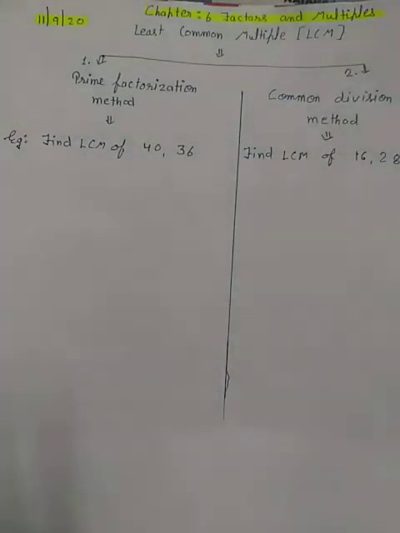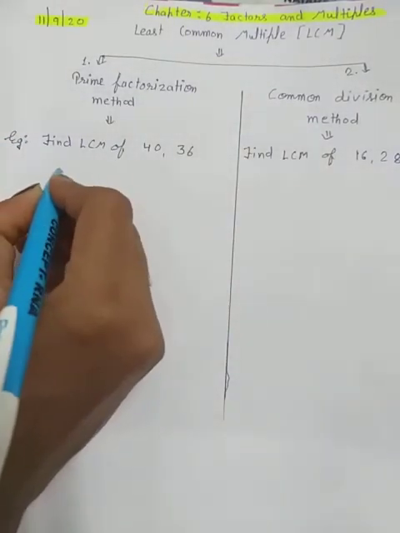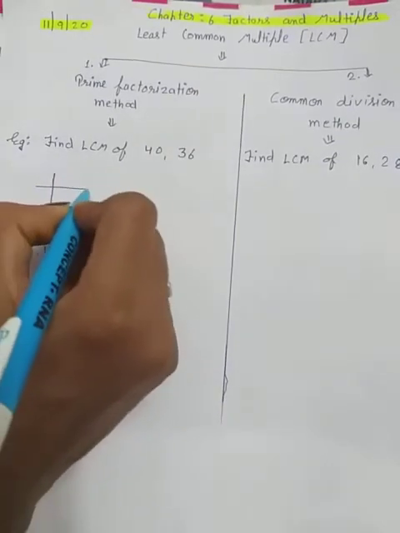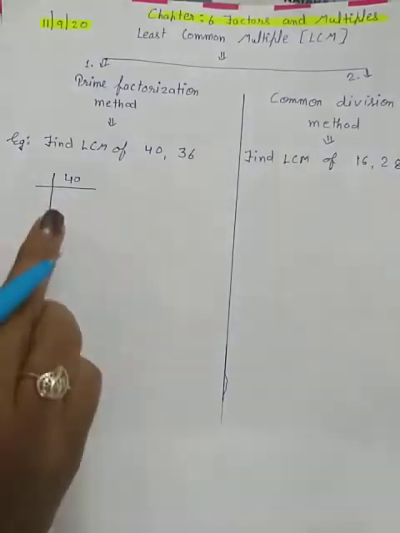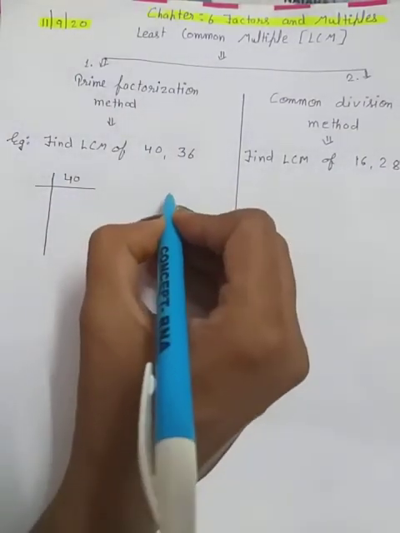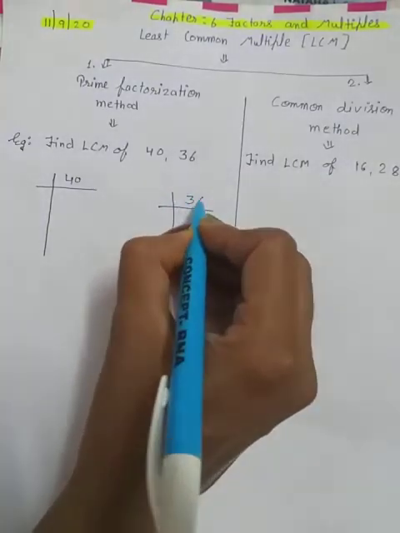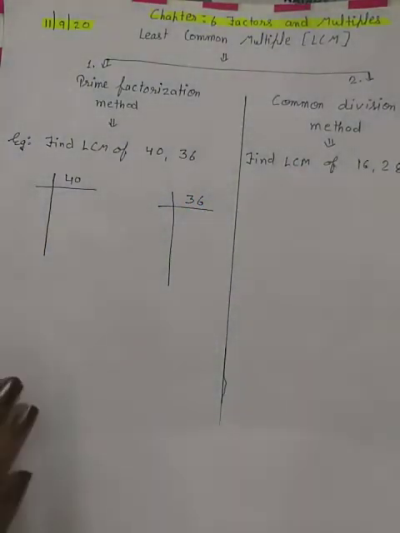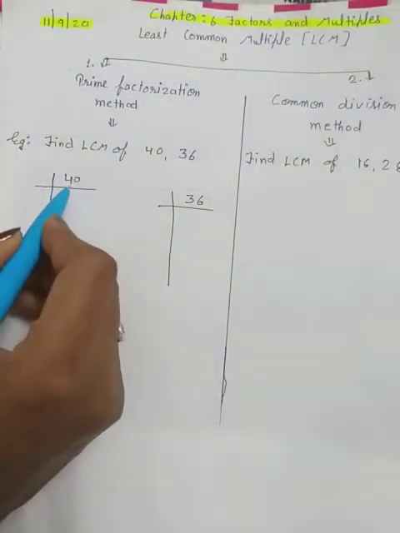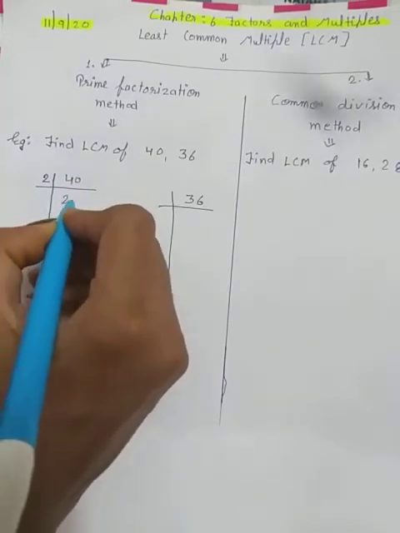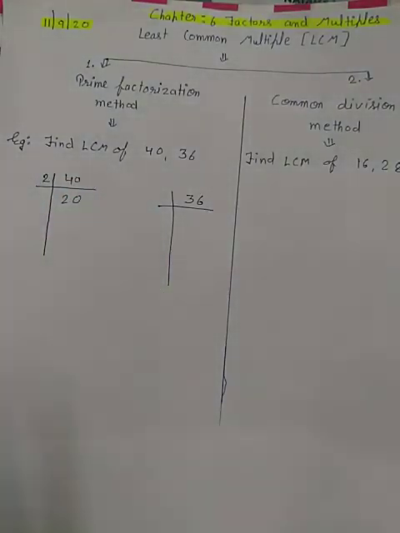In the prime factorization method we will solve every number separately. Which number can we divide 40 by? Yes, by 2. 2 twos are 4 and 0.